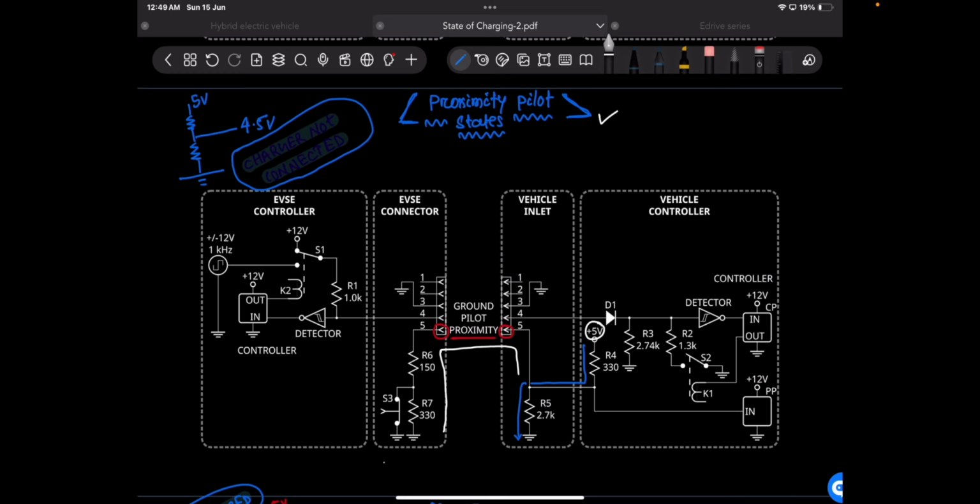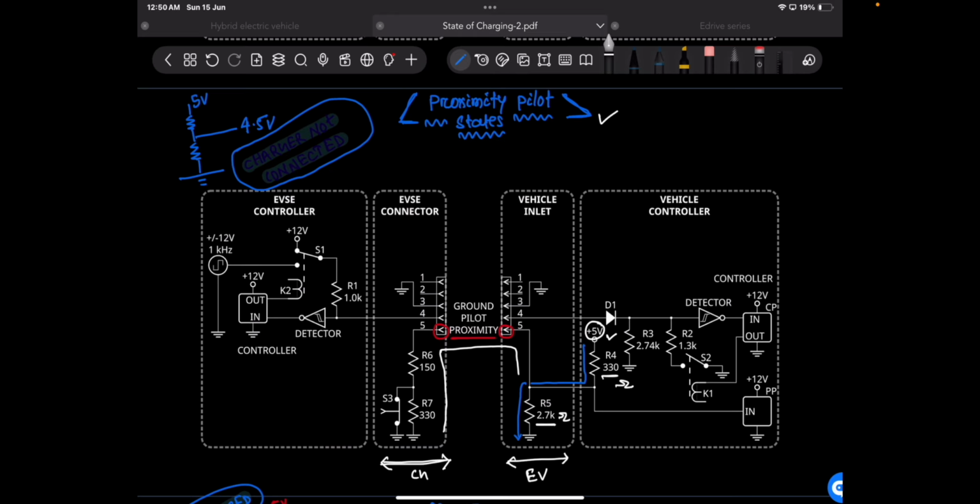The part that is present here is related to the charger, and the area that is present here is related to the electric vehicle. In this case, the power supply is getting inside the electric vehicle, and here we have a 330 ohm resistor, this is R4, and a 2.7k ohm resistor connected.